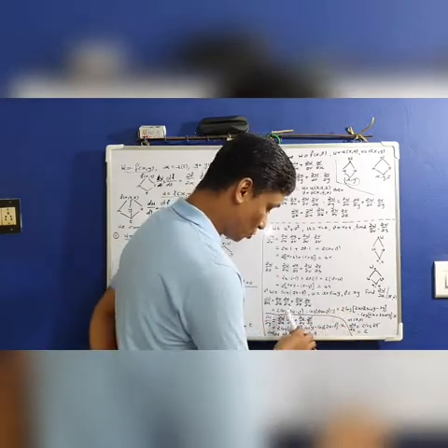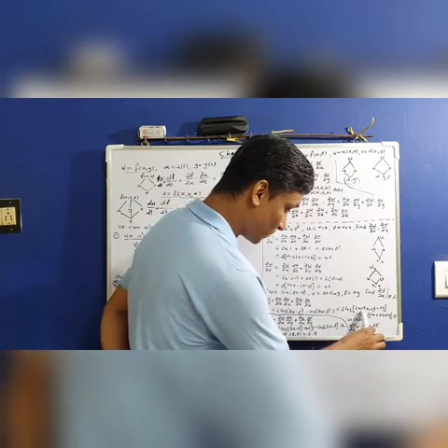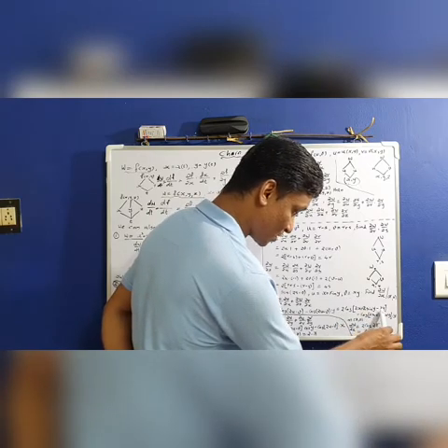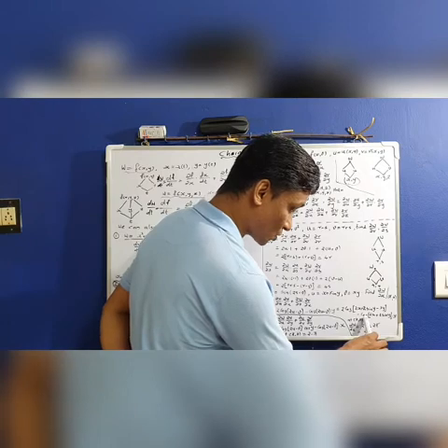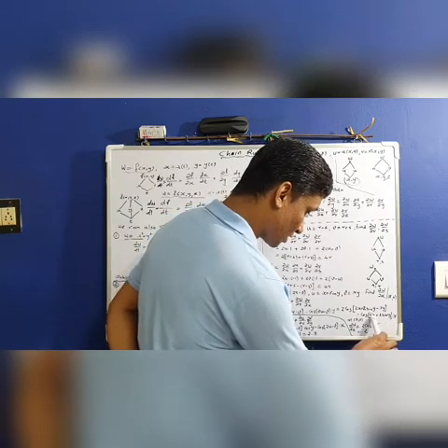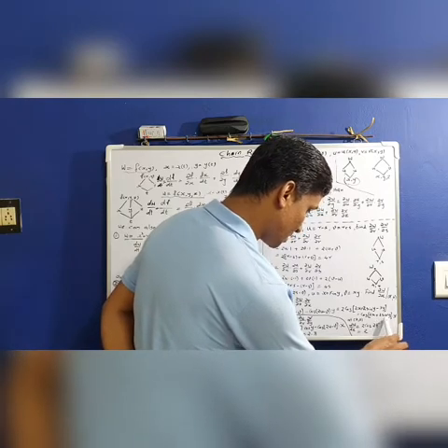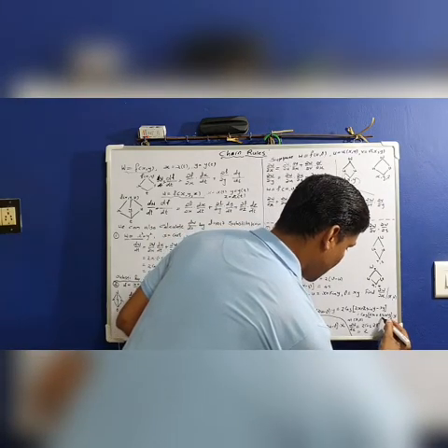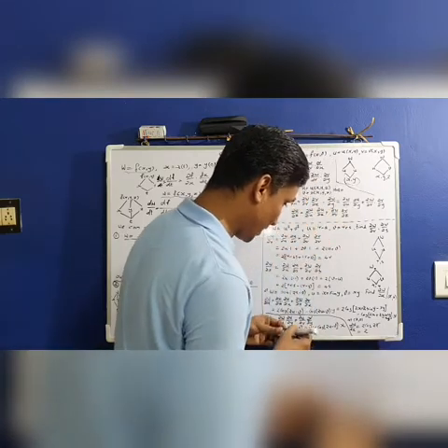So 2 cos 2u minus v: 2 cos 2u is 2x plus 2 sin y, minus v is minus xy, minus cos 2u minus v: minus cos 2u is again 2x plus 2 sin y, minus v is minus xy, into y.